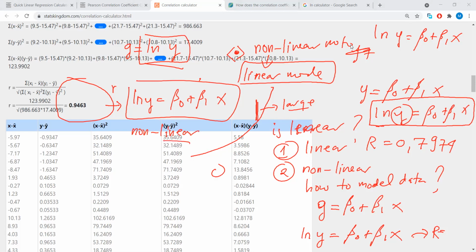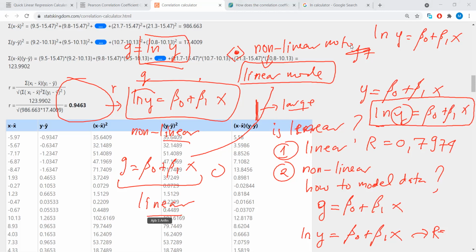But you can see here if we replace this term using g, so it's g equals b0 plus b1x, it becomes linear.